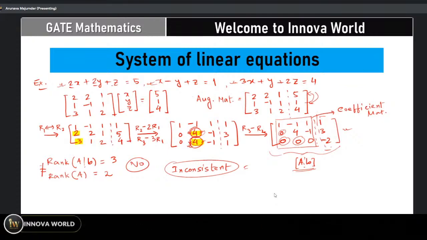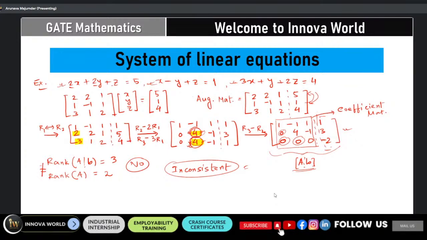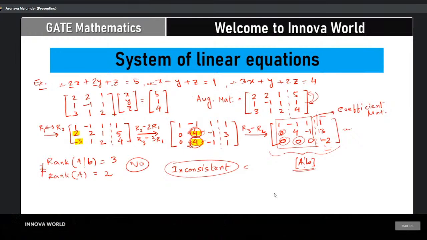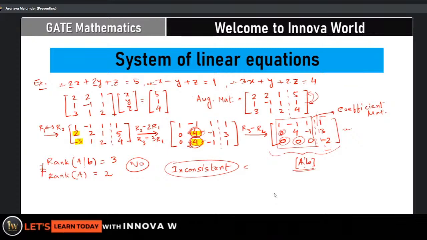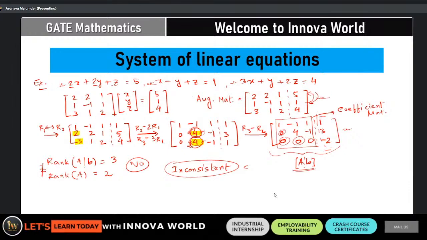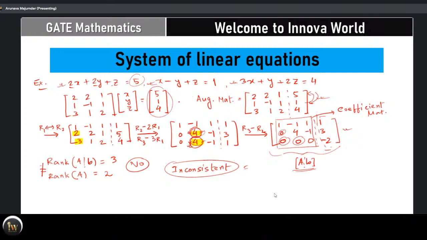Let us also repeat these particular things later according to your requirement. First we find the augmented matrix. How to make the augmented matrix? I already told, the coefficient matrix and the right hand side, that is the B matrix, join them together.